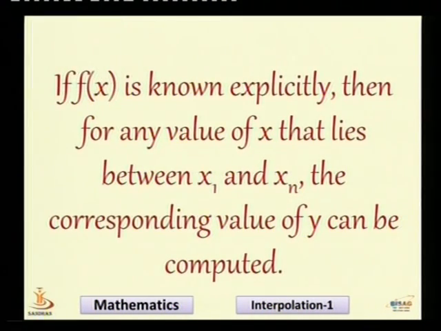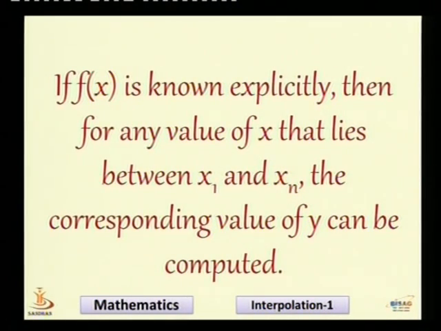If f(x) is known explicitly, that is, if we know the form of f(x) as a function of x, then for any untabulated value of x that lies between x1 and xn, the corresponding value of y can be computed, by simply substituting the value of x into the known function.